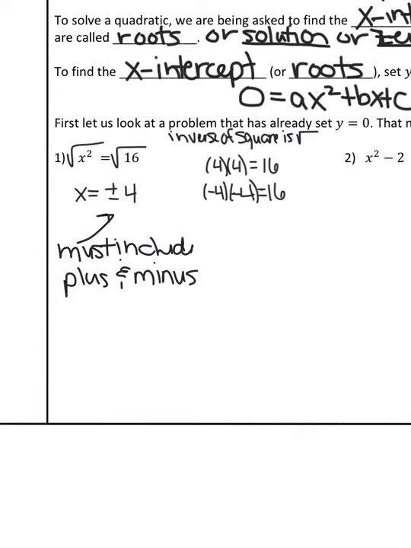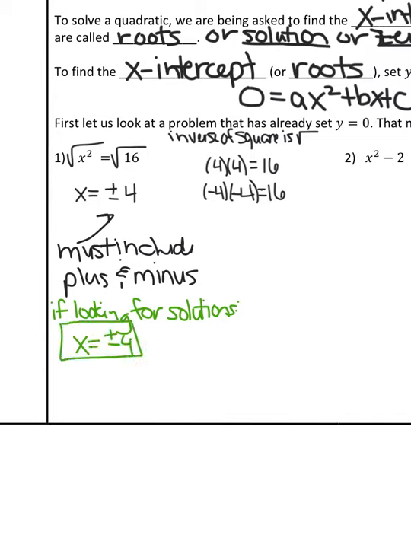Now, I'm going to make another note down here. I'm going to change over to green just to change it up a little bit. If we are looking for solutions, so if we ask you to solve this, then, let's put the equal sign in there first, x equals plus or minus 4 is the answer.